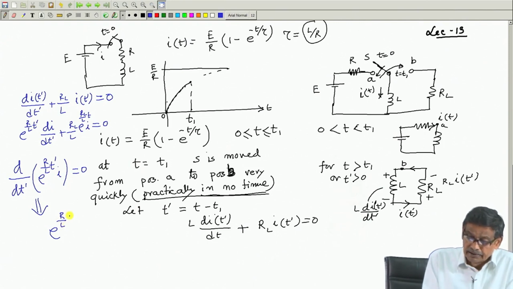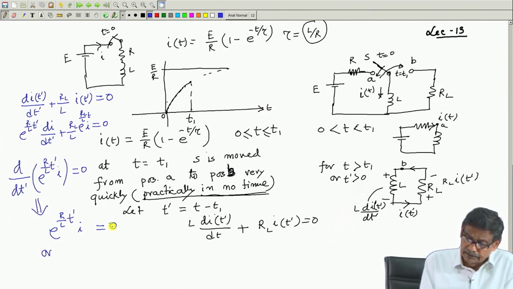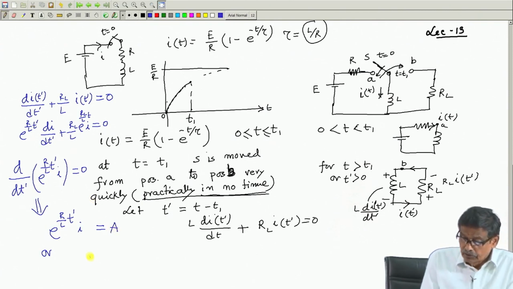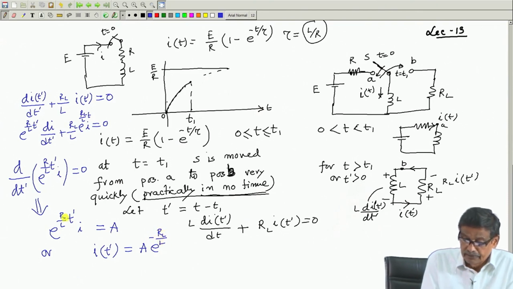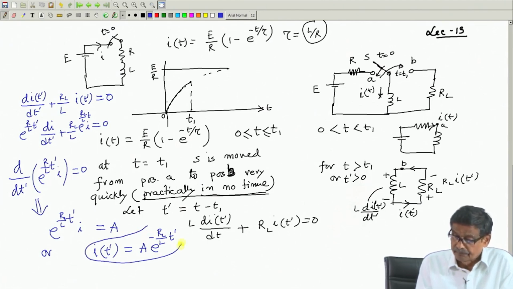So, e to the power R L by L t dashed into I is equal to a constant, say A. So, I t dashed will be equal to A into e to the power minus R L by L into t dashed. This will be the solution.